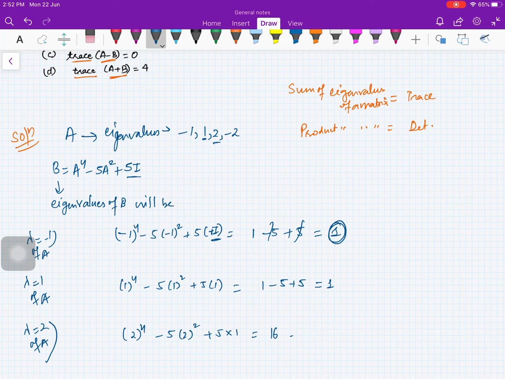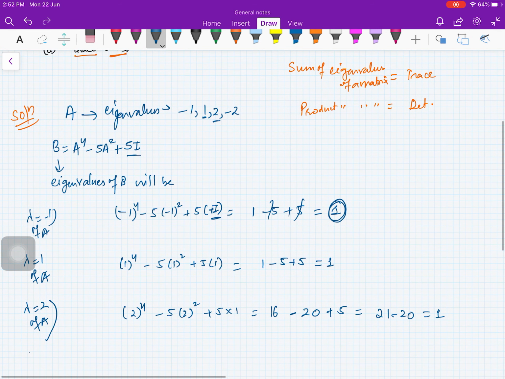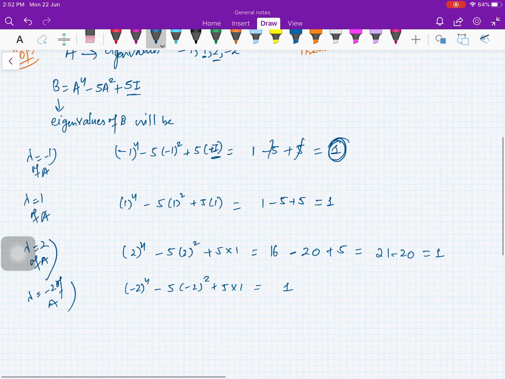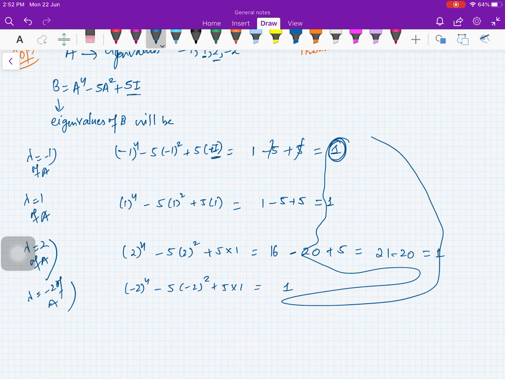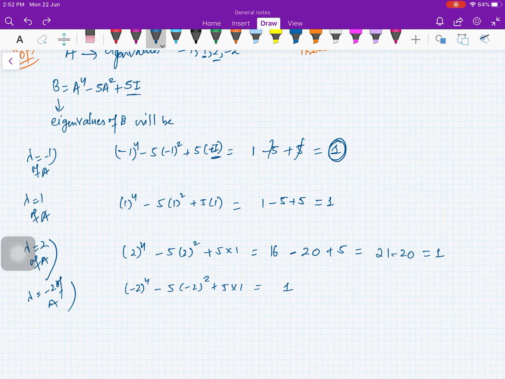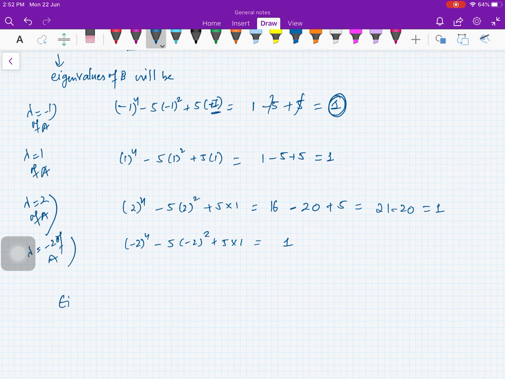So this is 16 minus 20 plus 5, that is 1. And then lambda = -2 of A: (-2) raised to power 4 minus 5 into (-2) square plus 5 into 1, that again will be 1. So all the eigenvalues of B are 1, 1, 1, 1.